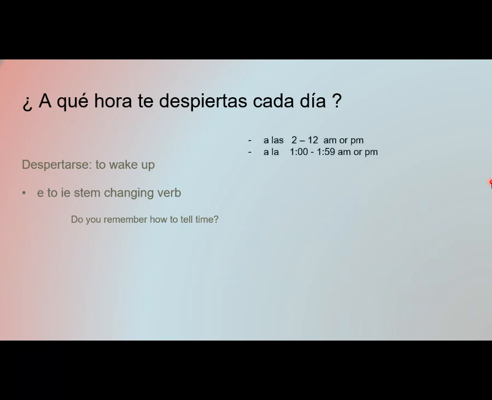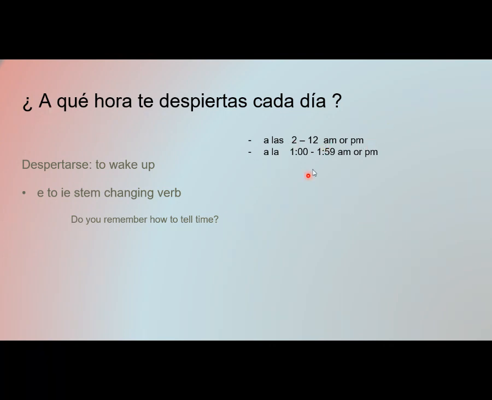Hopefully you remember from Spanish 1 in the review that we did in the first part of this class that ser is usually used to tell time. If somebody's asking you what time it is, ¿qué hora es? But this question is not exactly asking what time it is. It's saying at what time. It has this preposition a in it. A meaning at.